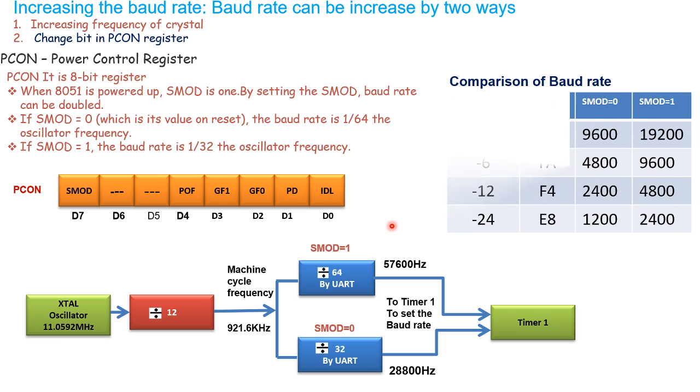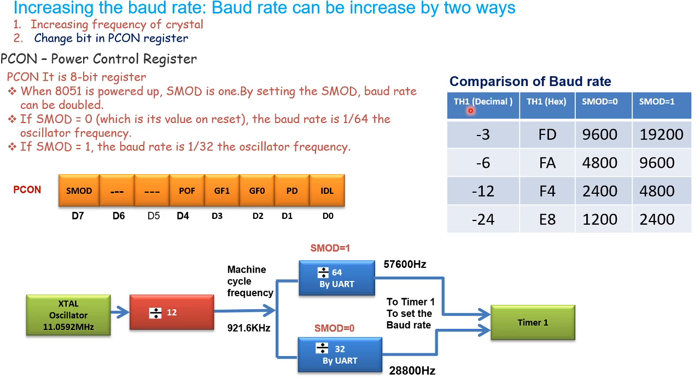The comparison of baud rates. If we load the TH value -3, then the baud rate will be 9600, and this is the hexadecimal value. When SMOD is equal to 0 it is 9600, and when it is set to 1, this gets doubled to 19200.